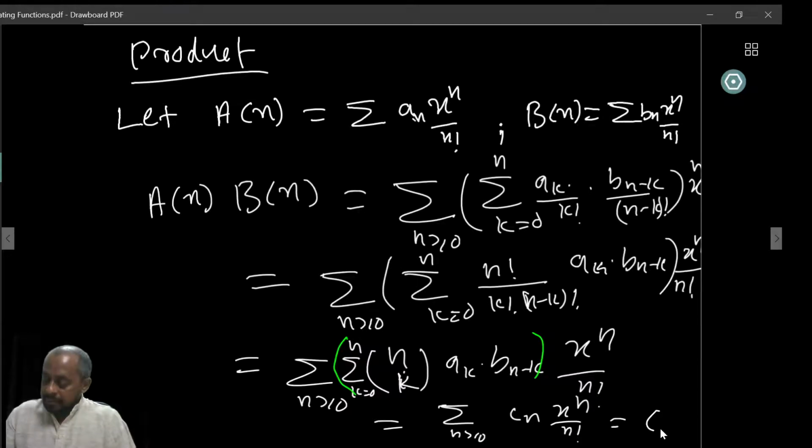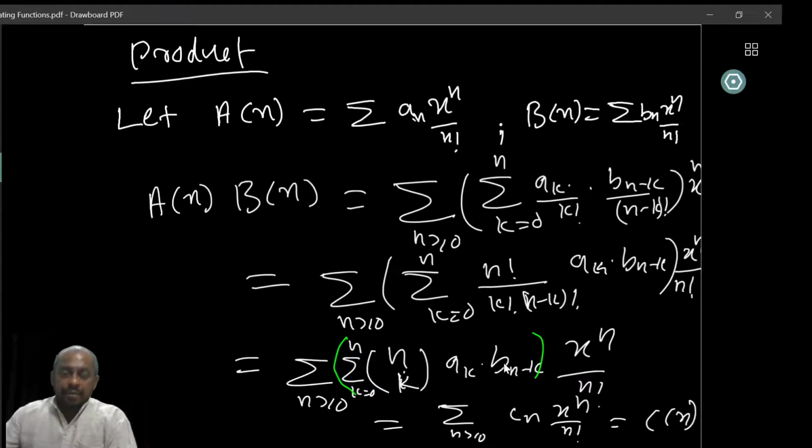This I can write as P(x), the exponential generating function for something. Now the question is, what is this something? That something should be counting C_n, the sequence C_n. That sequence C_n is precisely the summation of n choose k, a_k into b_(n minus k). Now our question is how to make sense of this in terms of combinatorics.